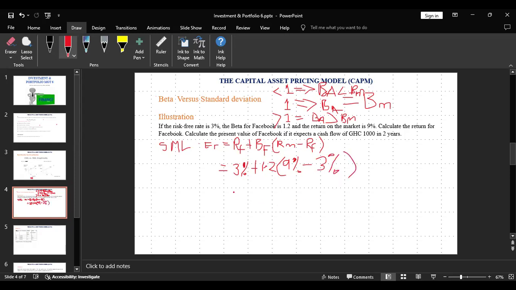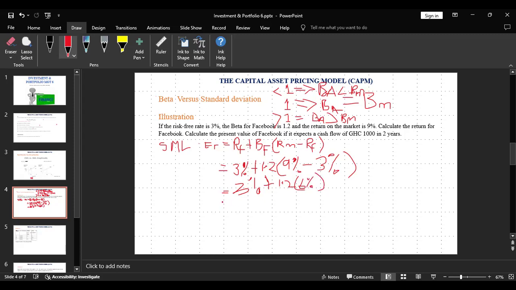3% plus 1.2 times 6%. Okay, so please, what are we getting?